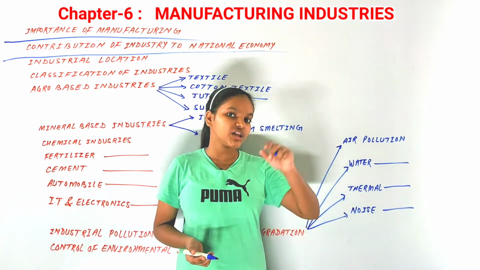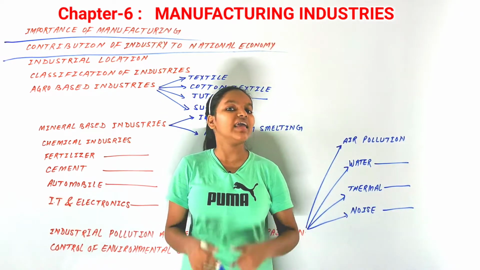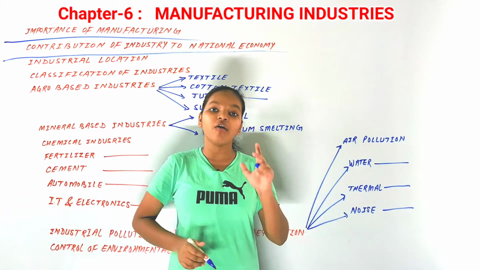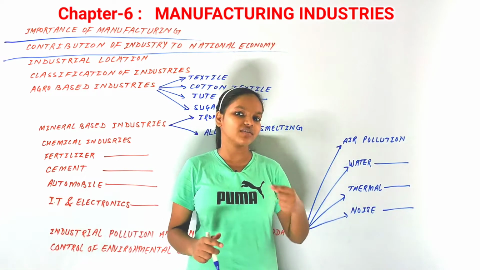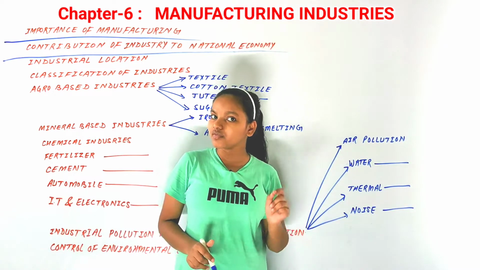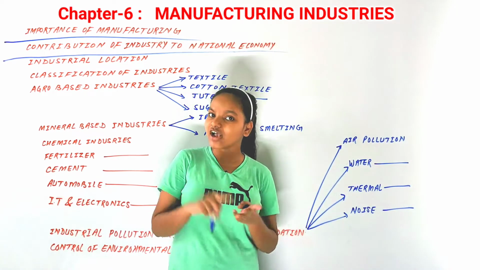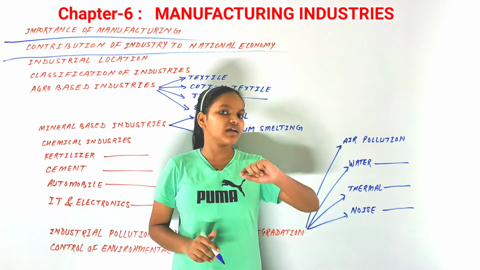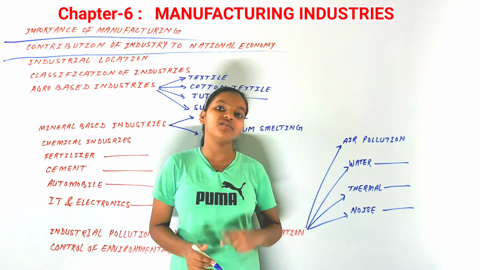The total contribution of manufacturing industries to the GDP is about 17% out of 27%, from which 10% is for quarrying, mining, and extraction of minerals, that is, extracting raw materials. So of the total 27%, 17% is manufacturing and 10% is quarrying and mining.